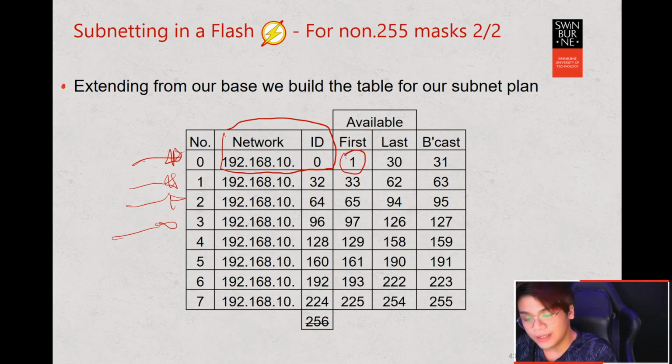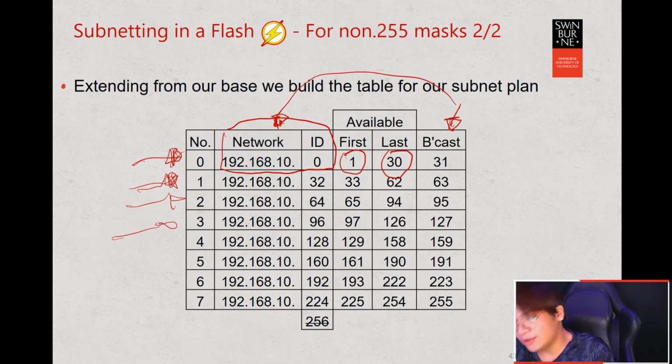The last one that you can use is 192.168.10.30. The broadcast address, which is the address that the network uses to communicate with all the devices in the network, is 192.168.10.31.